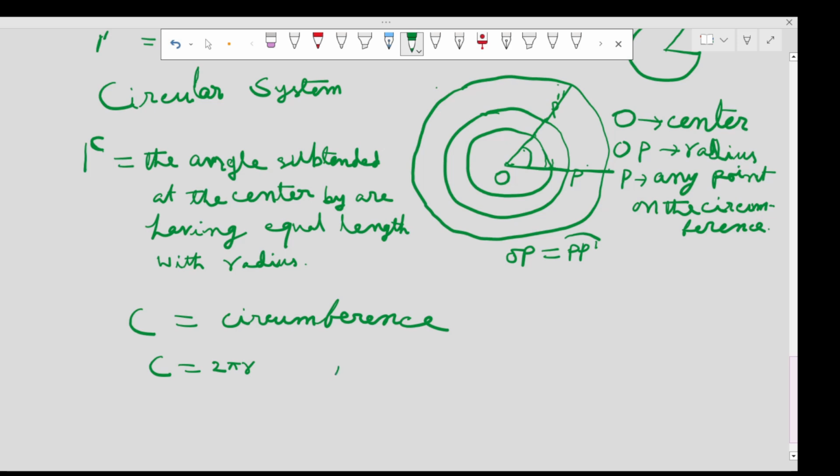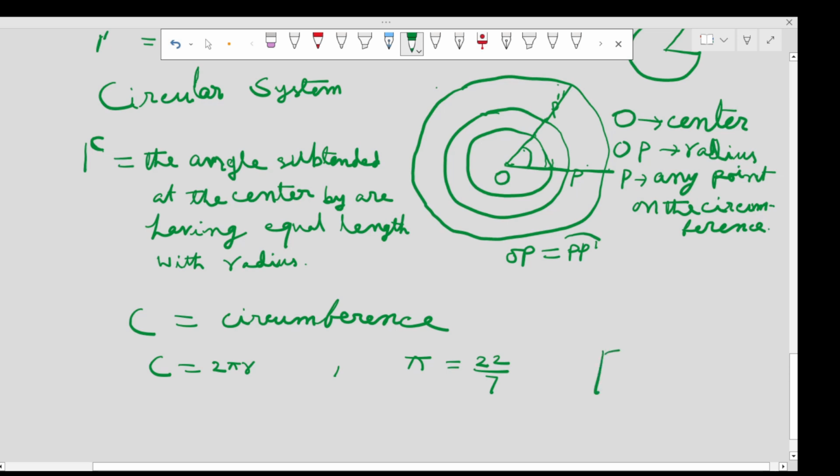That is another question that may arise, or you have already learned. Remember the value of pi. Pronunciation is pi, that is equal to 22 by 7.